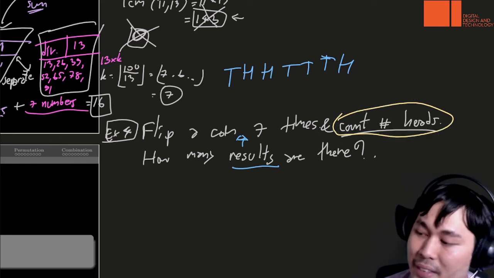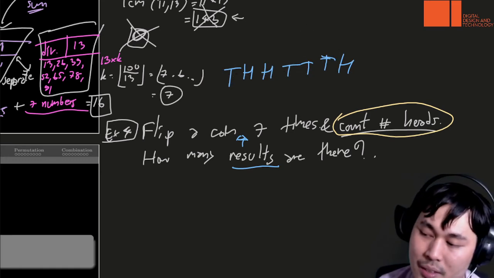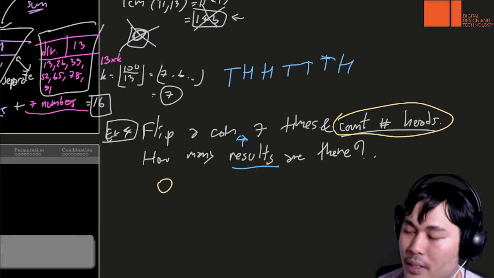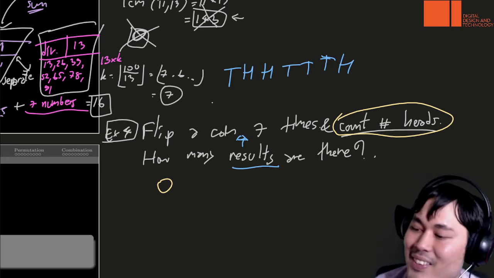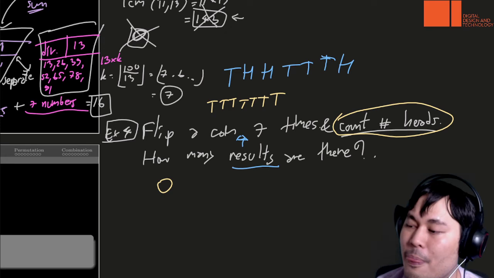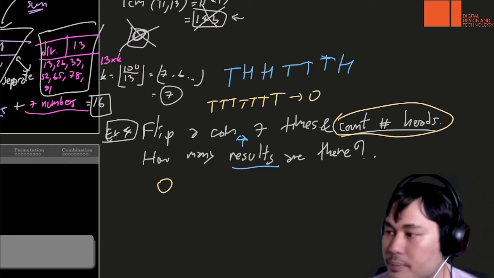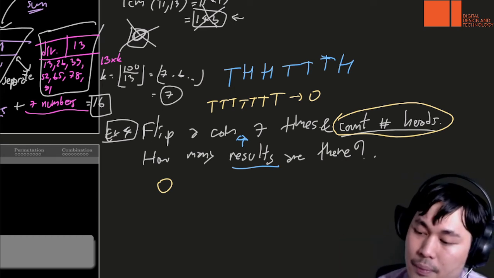So if you simply ask how many heads could come up, then you can just list out the possible cases. There could be 0 heads. In this case, you are lucky or unlucky that all your flips are tails. This is the only case that gives you no heads at all.